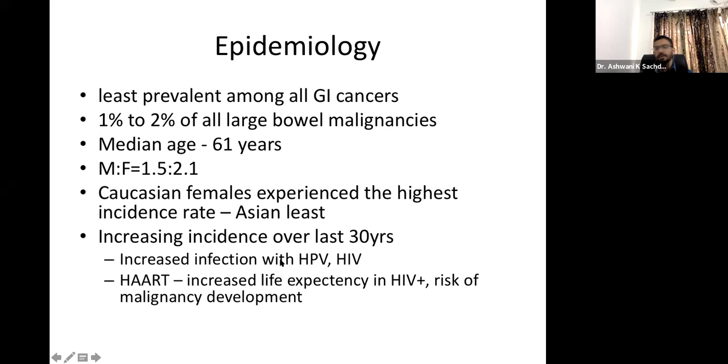Its incidence has risen over the last 3 decades because of the increase in infection with HIV and HPV virus, and also because of the introduction of HAART. This is highly active antiretroviral therapy, ART, for HIV, which has led to increase in life expectancy of HIV patients, and also increasing the risk of malignancy which develops at a later date.